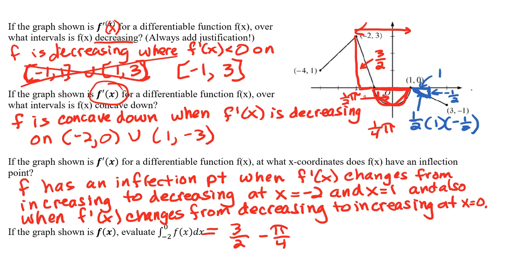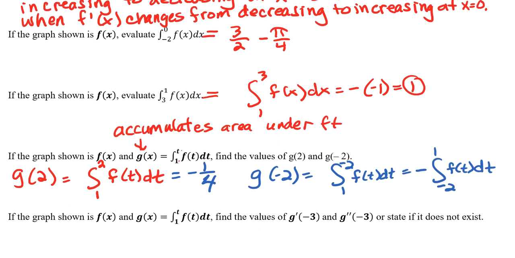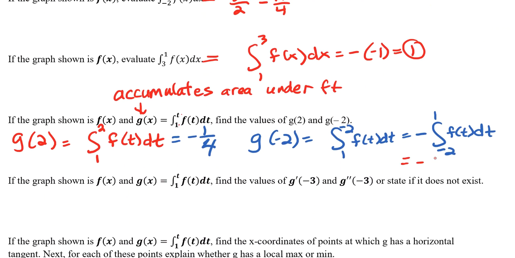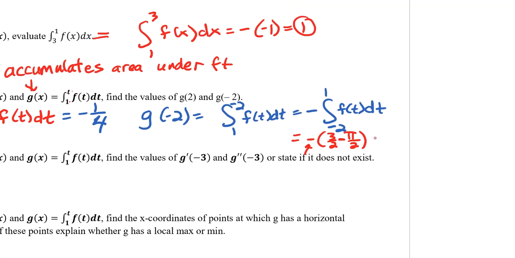So we would have 3/2 minus pi over 2. But this negative is because we're sweeping from right to left instead. So we could distribute that negative sign. So we could turn it around, or we could leave it in this same order, but change signs. I think that looks pretty good.